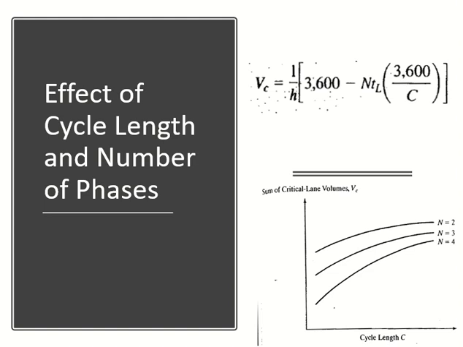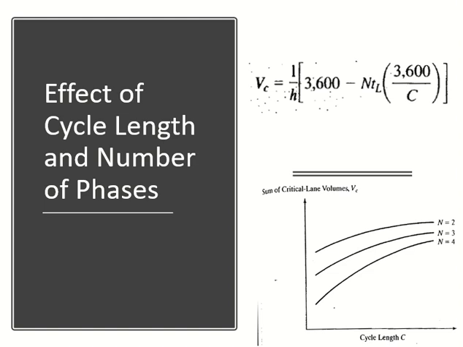So if you provide more time, you can have more volume. Clear? And this is what they are showing in the graph over here. Number of phases increasing, lost time is increasing, volume is decreasing. Cycle length increasing, volume is increasing. Clear?